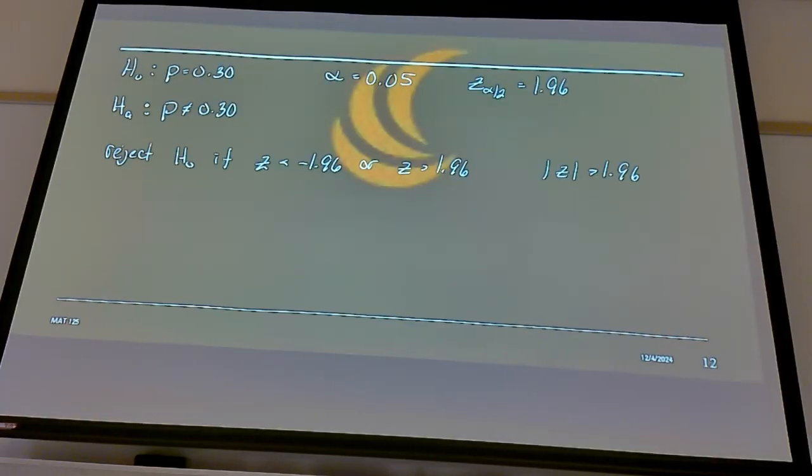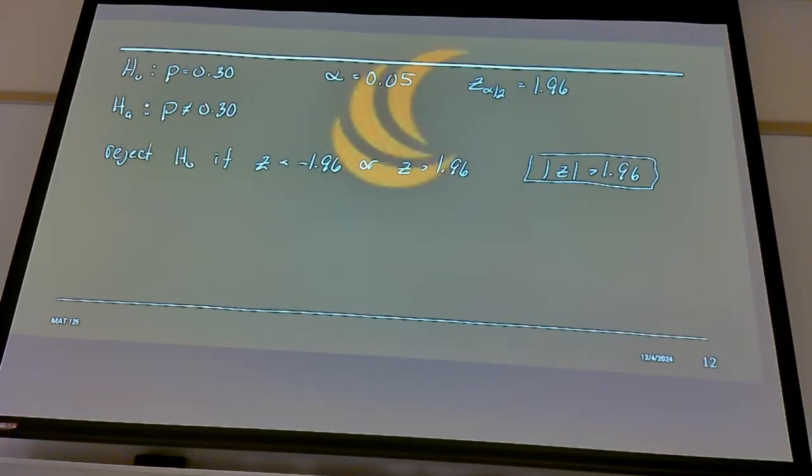I will tell you whether you have to use the critical value approach or the p-value approach, but that's all I'll tell you. That's mathematically the right way to write it.